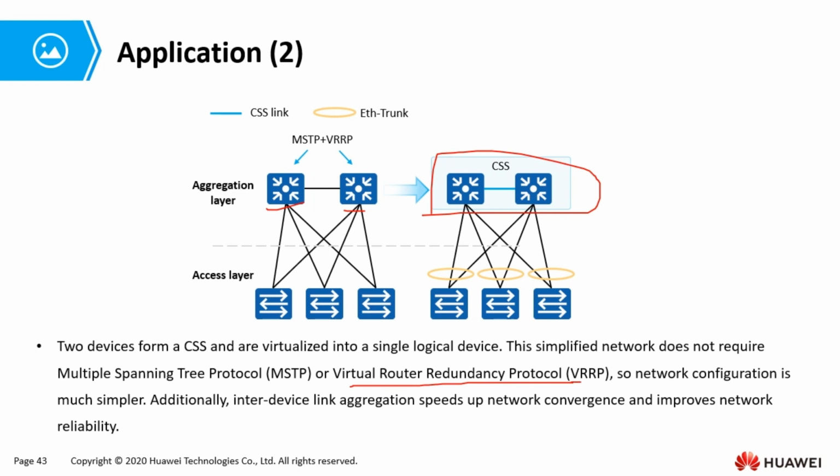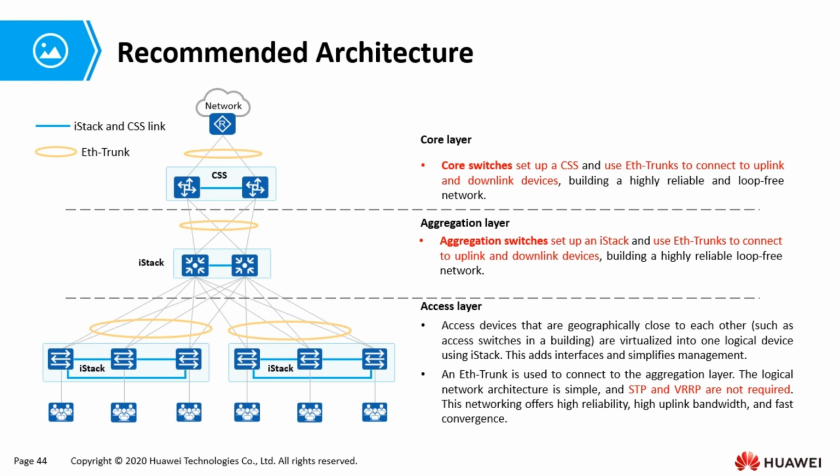So the network configuration is much simpler, and inter-device link aggregation speeds up network convergence and improves network reliability. Then this is the recommended deployment if you want to apply iStack and CSS technology from Huawei.